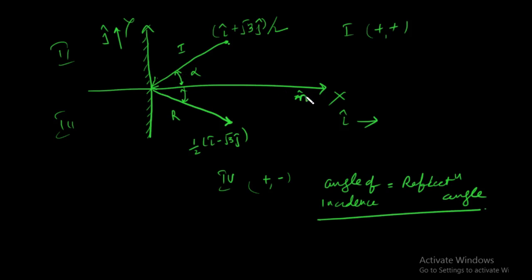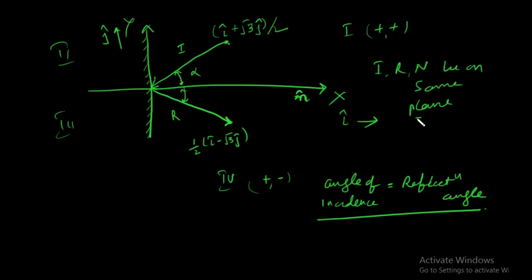This is the normal to the mirror, and the normal is always perpendicular to the mirror. And the third point is that these three, normal, incident and reflected ray, lie on the same plane. So I, R and N lie on the same plane.